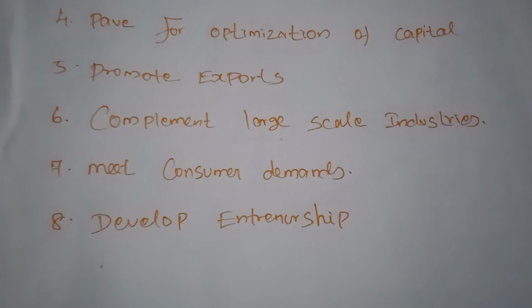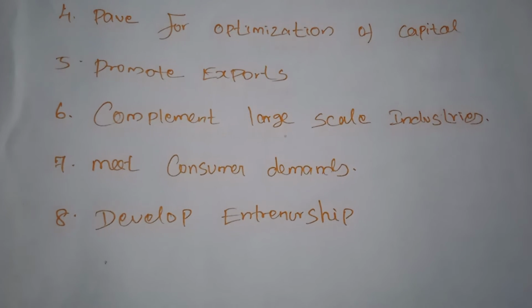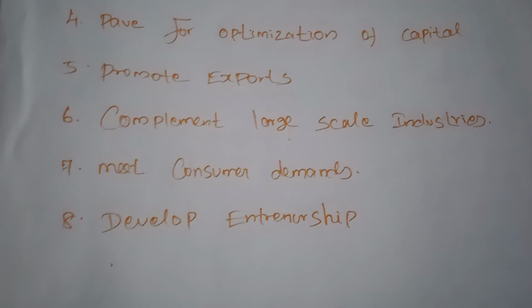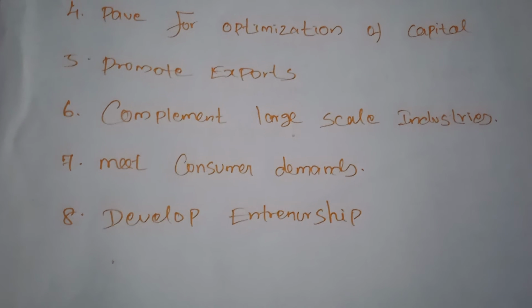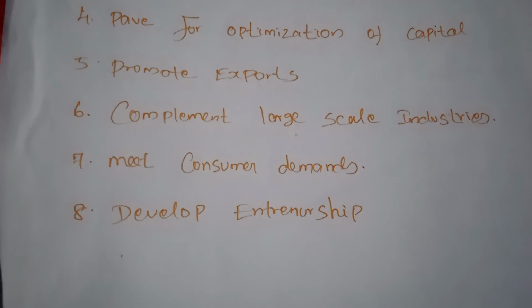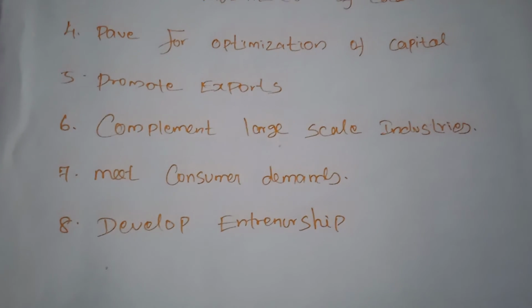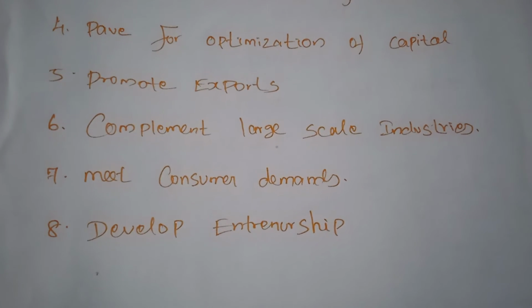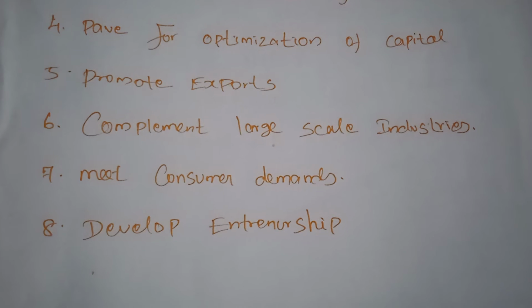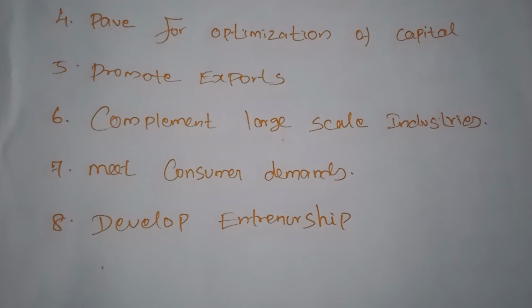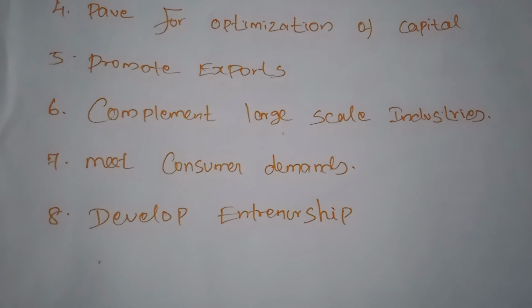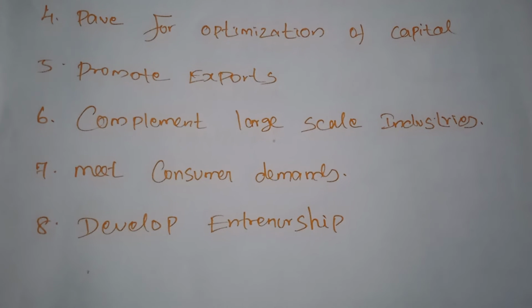Even if the large scale industries are able to produce that semi-finished product, the small scale industries produce the semi-finished product at low cost by using local resources. So large scale industries are always purchasing the raw materials and the semi-finished product produced by the small scale industries only.